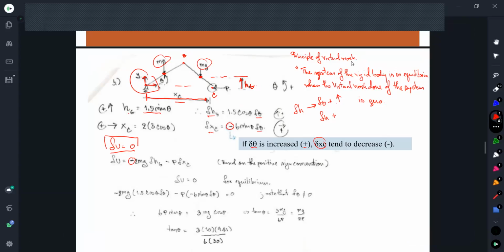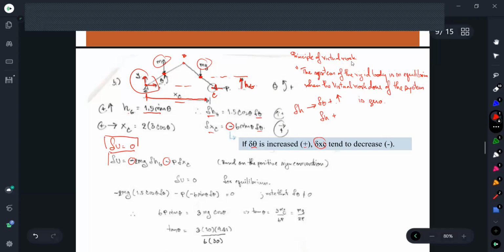And for the force P also, we set to the right as positive. But force P is to the left, so force P is opposite to the virtual displacement delta XC. So it produces negative work done.